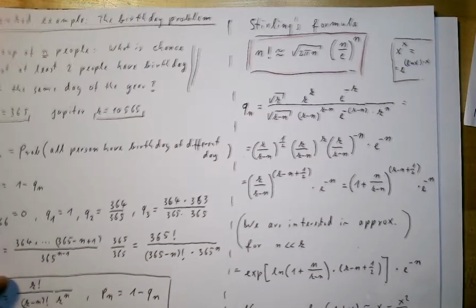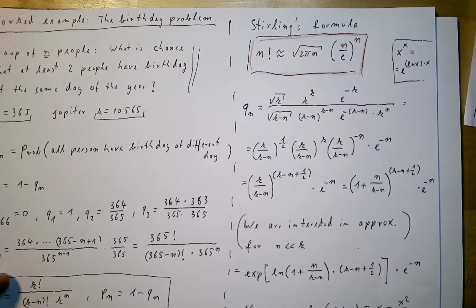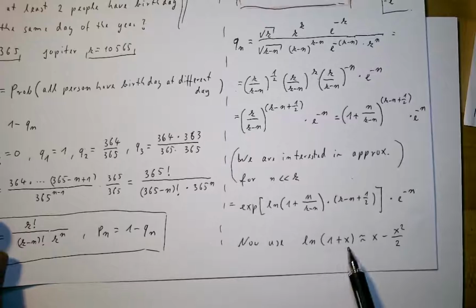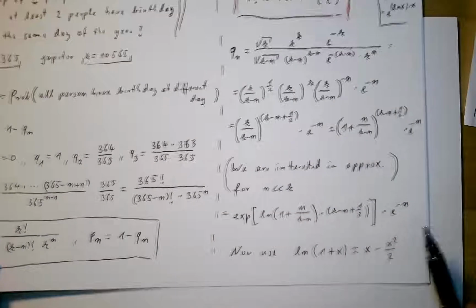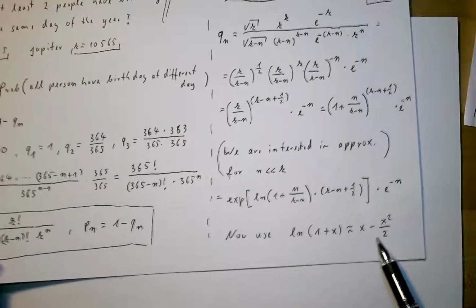So the first approximation was that in this limit n is much smaller than k, we made the Taylor approximation of the log. Oh, sorry. We made this approximation, that was the first approximation, or the very first was the Stirling, which was an approximation. Then we made the logarithm approximation.